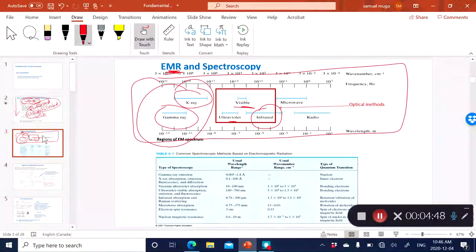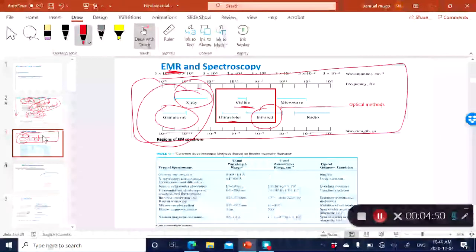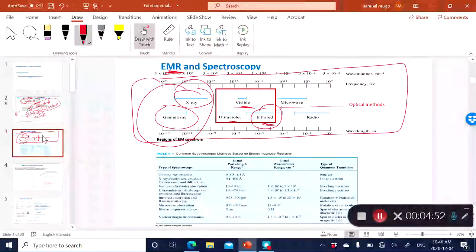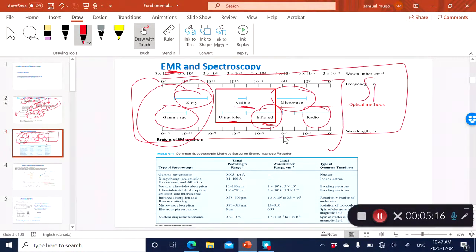your stove, for example. When you heat a black body, it becomes red hot, and that is infrared radiation. And of course, all of us use microwaves. Whatever radiation you use in a microwave is a microwave type of radiation, and of course, the lowest energy is the radio waves. Now, all these types of light can actually result in a spectroscopic technique.